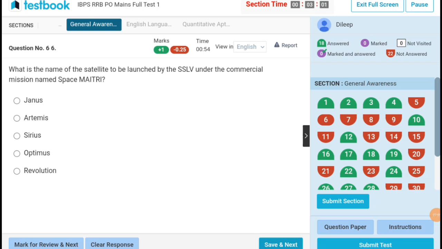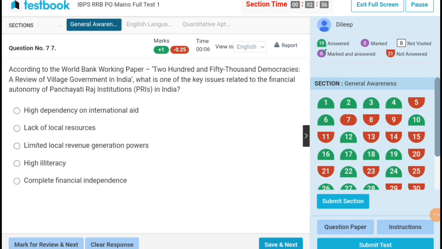Or Optimus. Think Optimus. Next. According to World Bank Working Paper, 250,000 democracies, a review of village governance on Panchayat Institute.